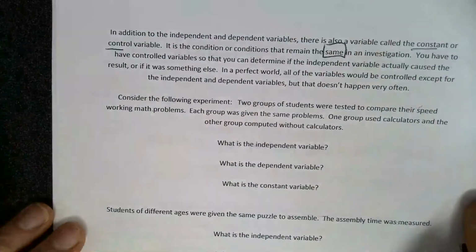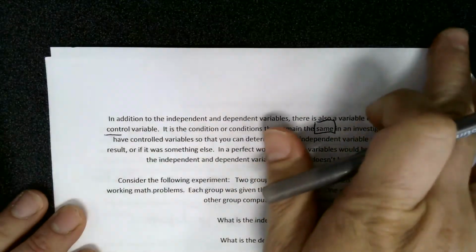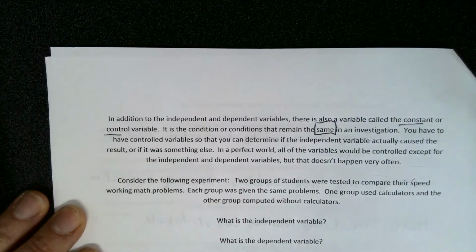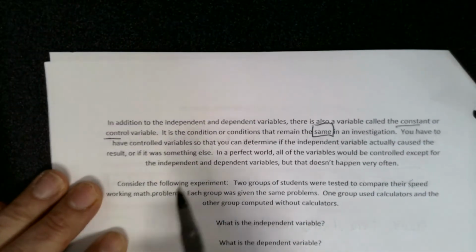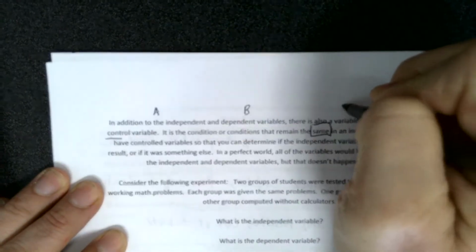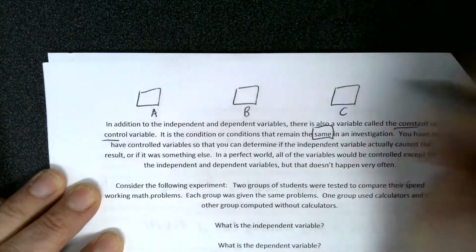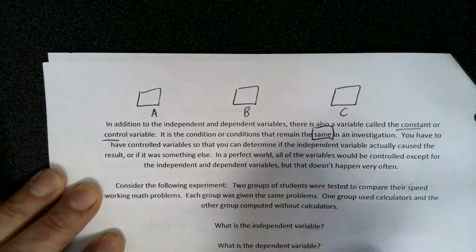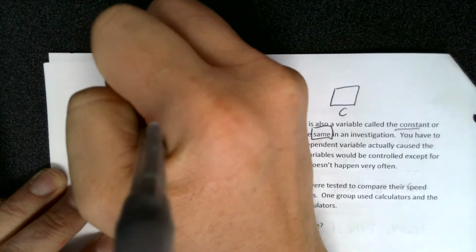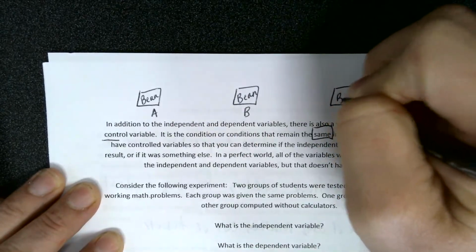So if we go through and try to set up an experiment here, I'm going to draw a little picture to show you how this might work. We're going to have three scenarios, and yes, you would want to draw this too, where we have pots A, B, and C. We want to test a bean seed, so we're going to make sure that we put the same kind of seed in each pot.